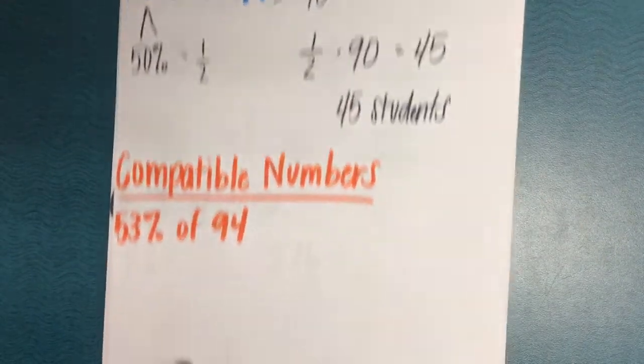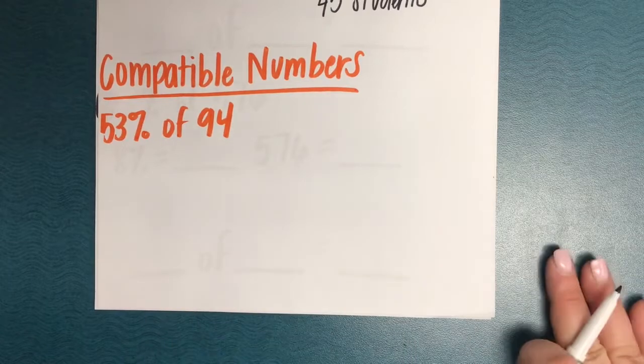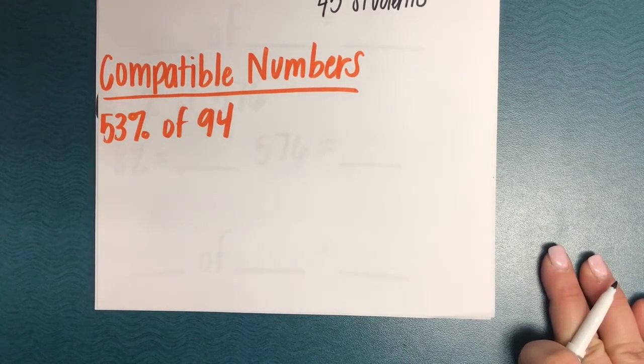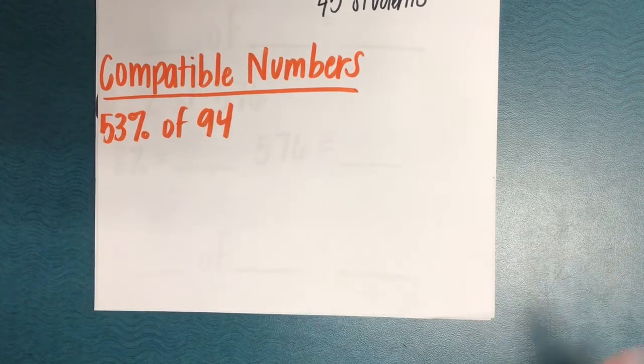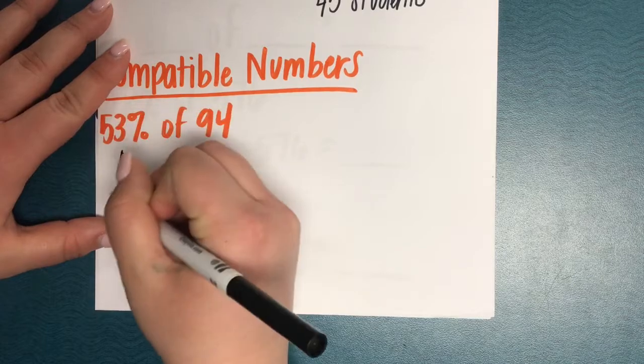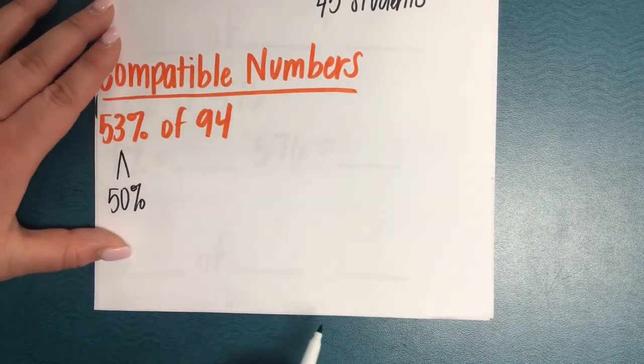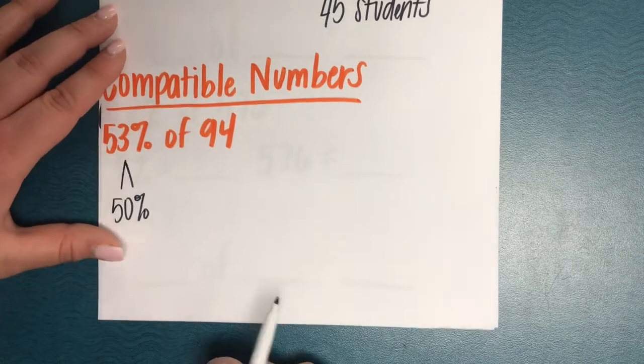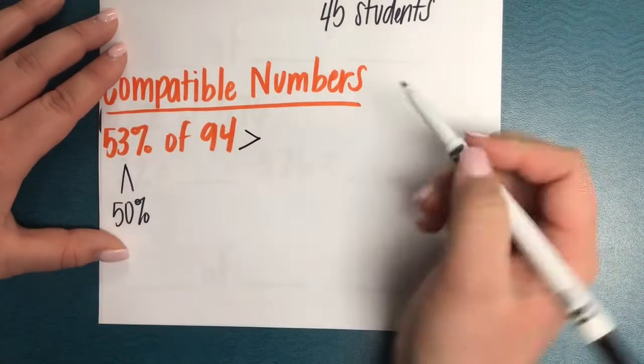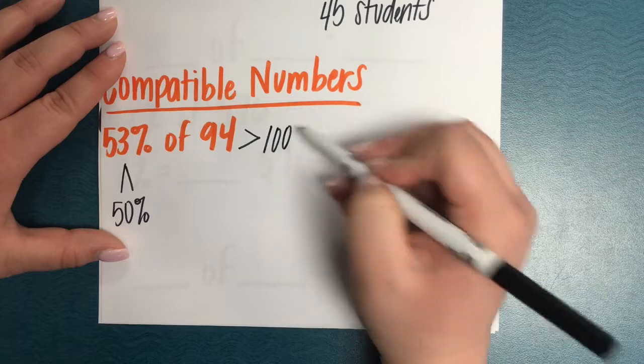Okay, another way is using compatible numbers. So we are going to think, again, 53%, a compatible number for 53 would be 50. And then a compatible number for 94 would be 100.